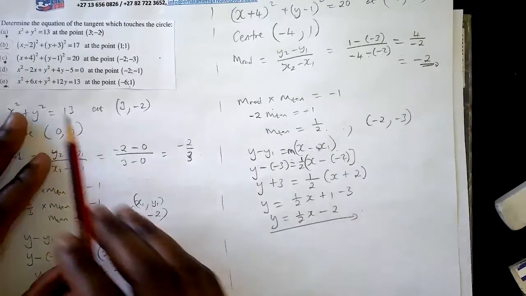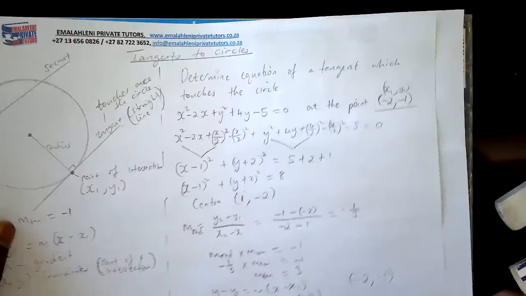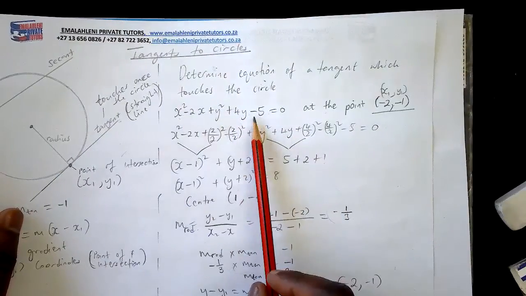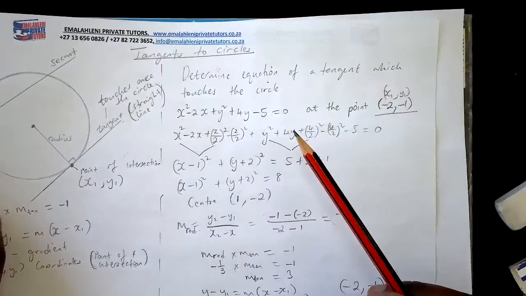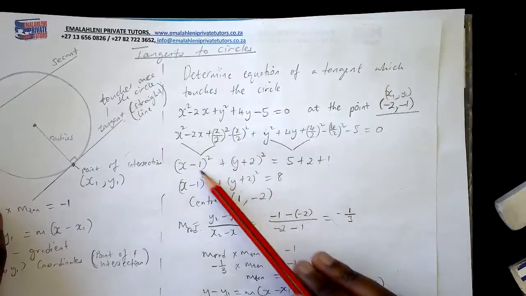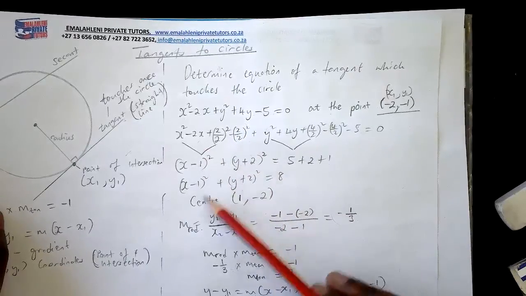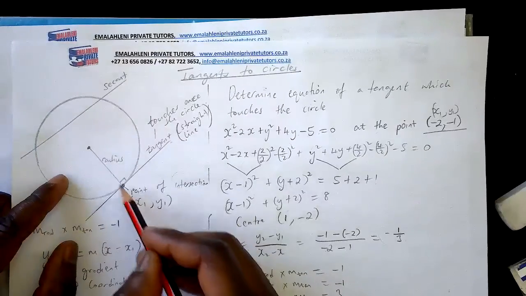Now, when you are given an equation like the first one that we attempted, it is not given in a form from which you can extract your center quickly. You need to first solve by completing the square to have your center, because what's important here is to get the center. Once you have the coordinates of the center, you can have a gradient between the 2 points.